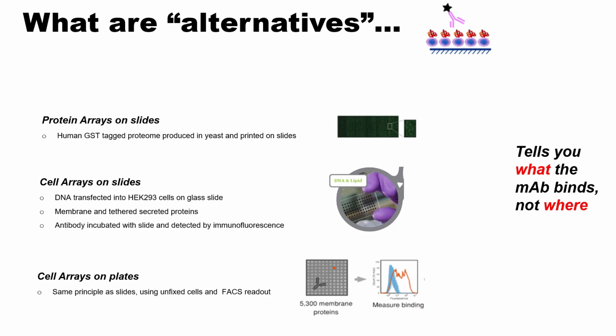An alternative way of doing this is by transfecting cells in a suspended format, and then panning again the antibody across those cells, and then detecting binding by a flow cytometry method. This is a really valuable way to understand specificity, in that it can tell you exactly what your protein binds to.